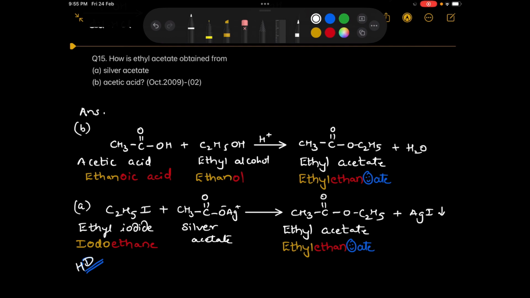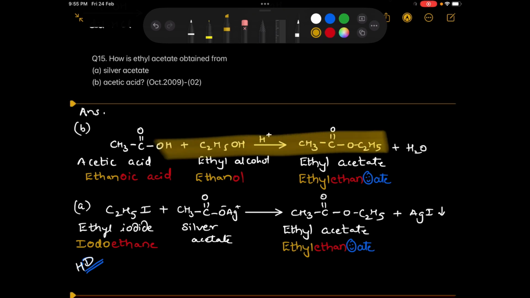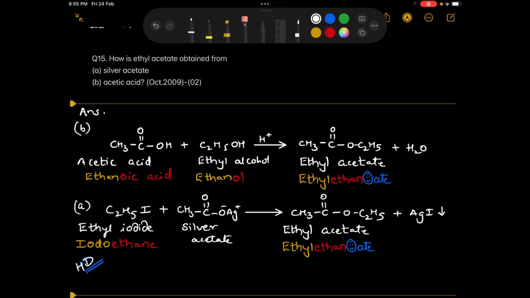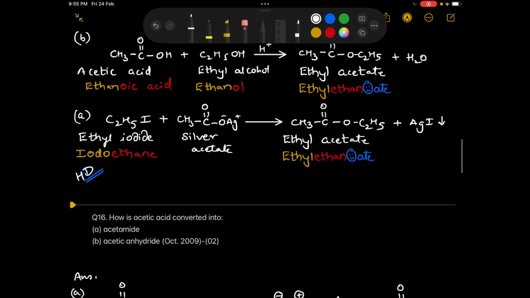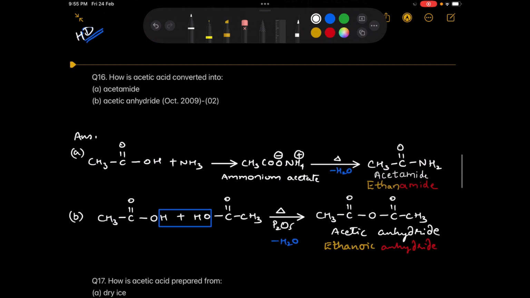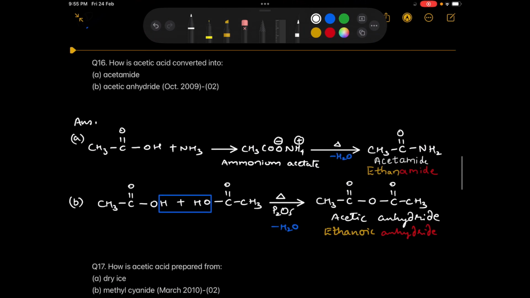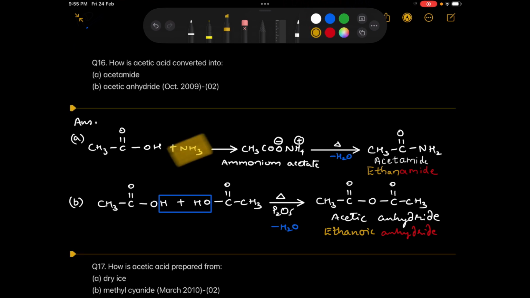This is again a repeated question wherein acetic acid is being treated with ethyl alcohol so that we get the formation of ethyl acetate. This appeared on top. The next one is also a repeated one wherein we get ethyl acetate from ethyl iodide and silver acetate. Let's move on to the next one. How is acetic acid converted into acetamide? Here we take acetic acid and treat it with ammonia.